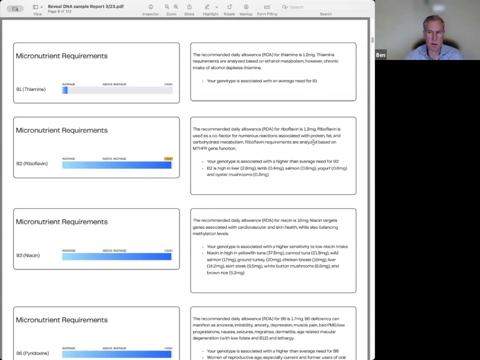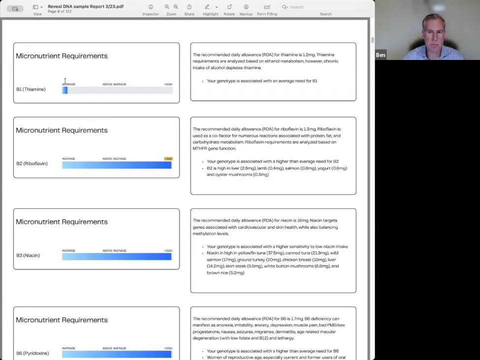So we start here. One thing to note about the test, and we're reviewing the micronutrient requirements, we ignore anything that is average. In your head, it's good to equate average with good. I think very often we don't do that. We think of average as mediocre, a C, middling. But indeed, when it comes to your DNA, average is where we want to be.